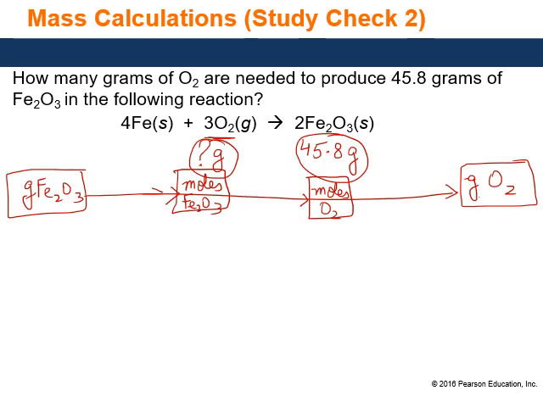So let's find the molar mass of Fe2O3. Fe2O3 has 2 iron atoms, 3 oxygen atoms. So that would be 2 iron, 3 oxygen. So let's add the masses. 2 times iron from the periodic table is 55.85 grams.